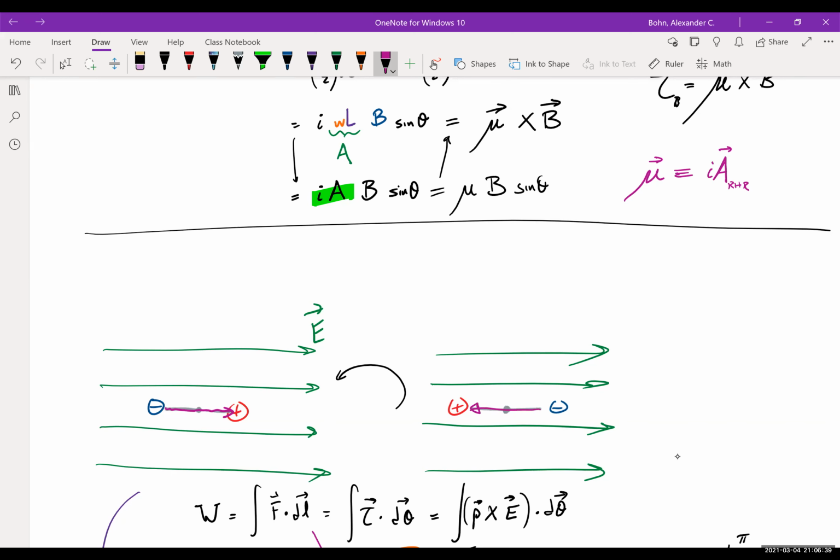Now the dipole moment and the field are anti-parallel. We did work to put it in that situation. If we let go, technically this is in rotational equilibrium, but it's an unstable equilibrium. If we displace it at all, it'll flip around back to the way that it wants to go.